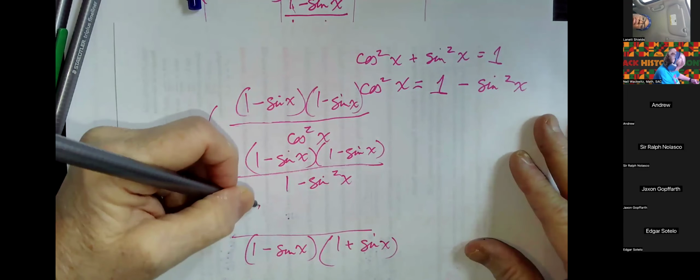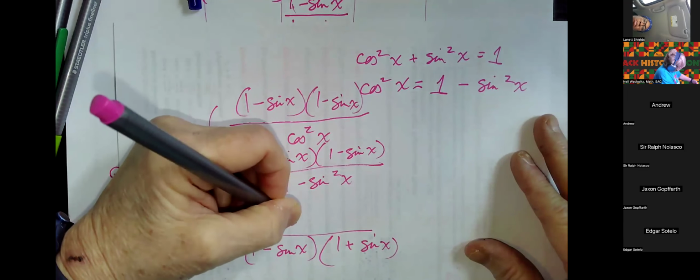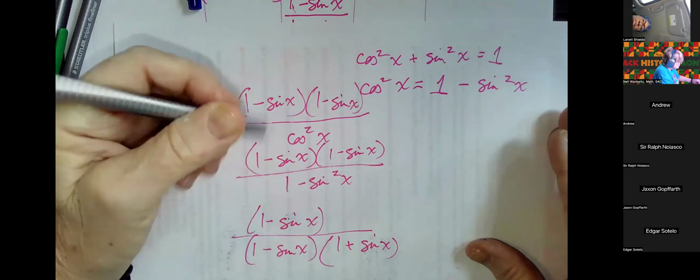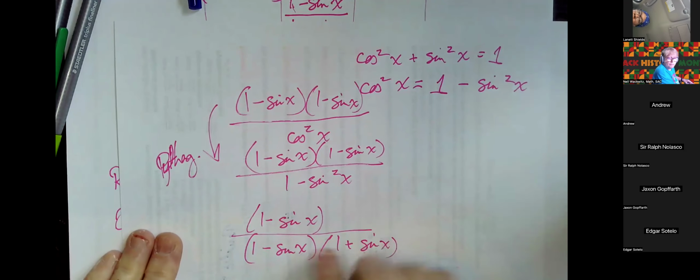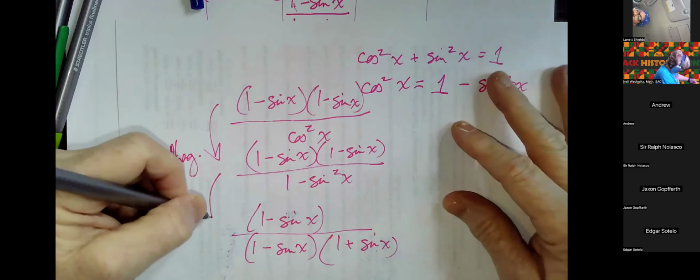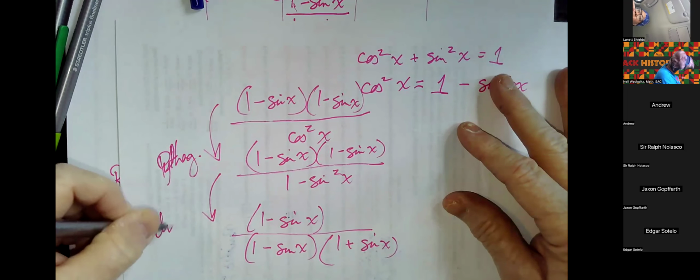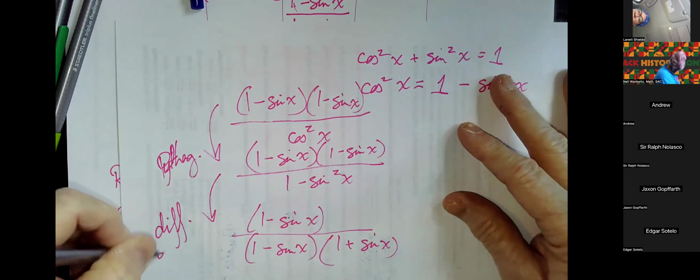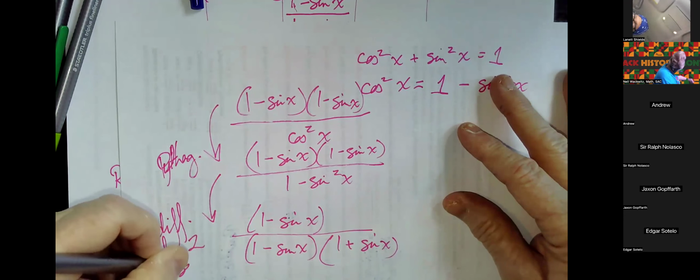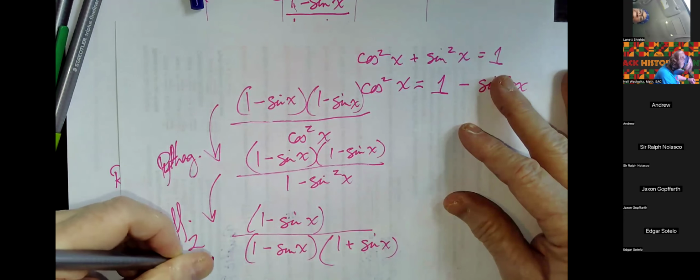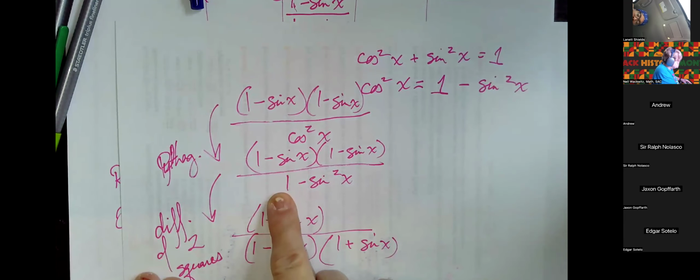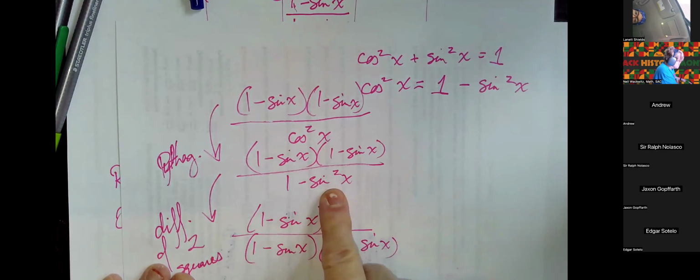And what is that factoring called? The difference of two squares. So this is the difference of two squares, because we have a 1 squared and a sine squared.